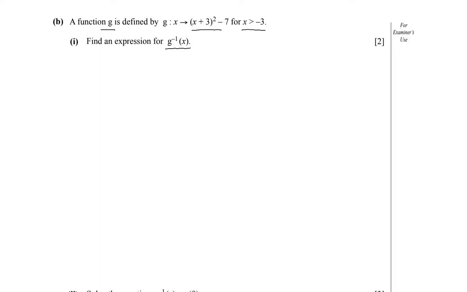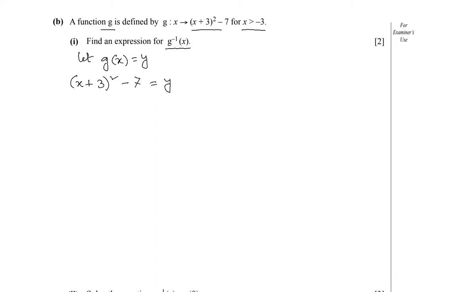So let's begin by assuming that g(x) is equal to y. Now substituting g(x) with its function expression, I can write (x + 3)² − 7 = y.